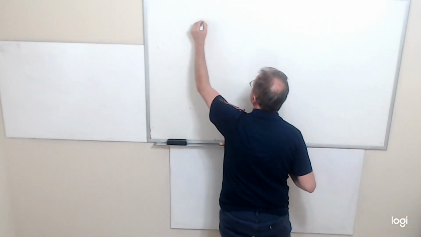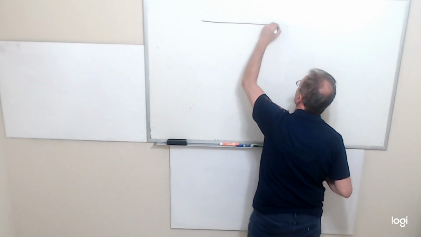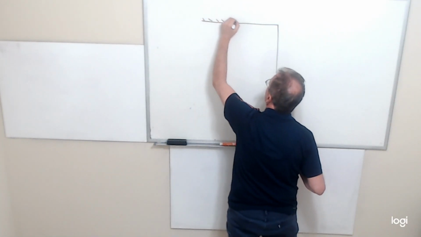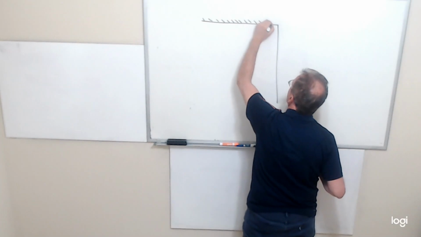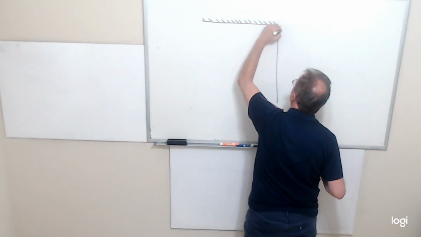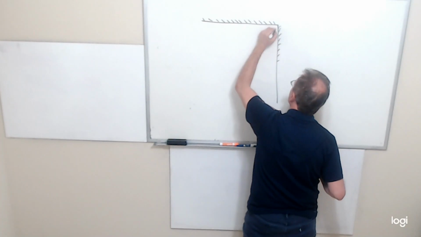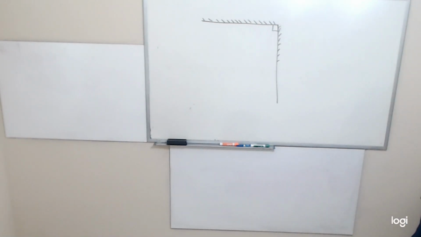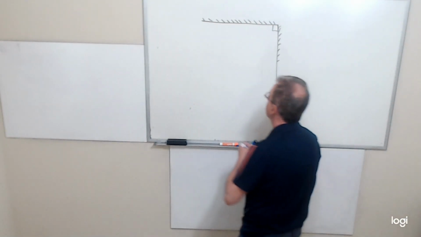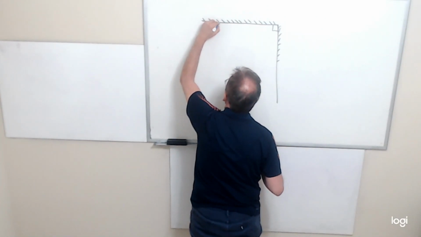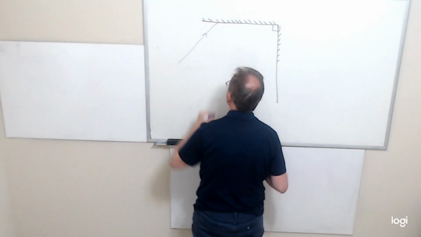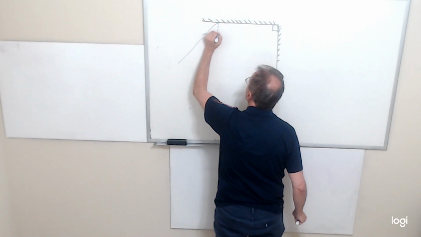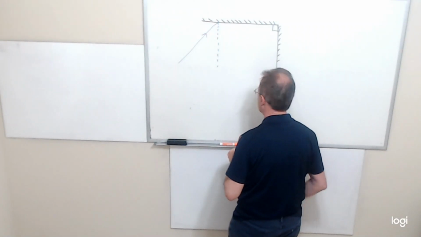So let me draw the two mirrors. This is a 90-degree angle. And I'm going to have a ray of light hitting on the surface there. Let me draw the normal to the surface right there. And let's call this angle theta.